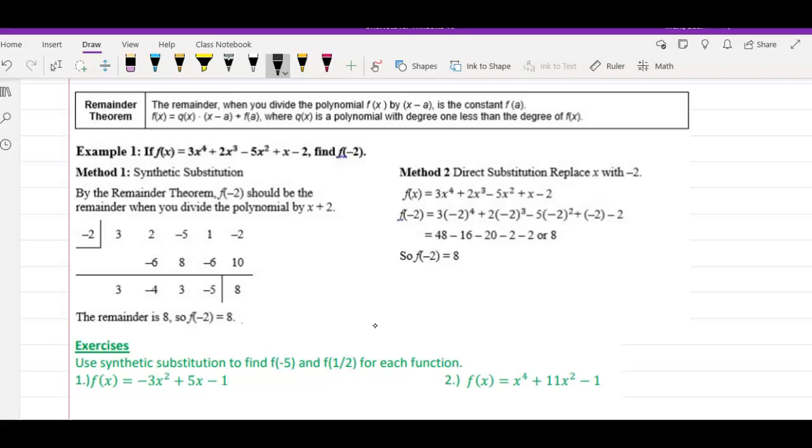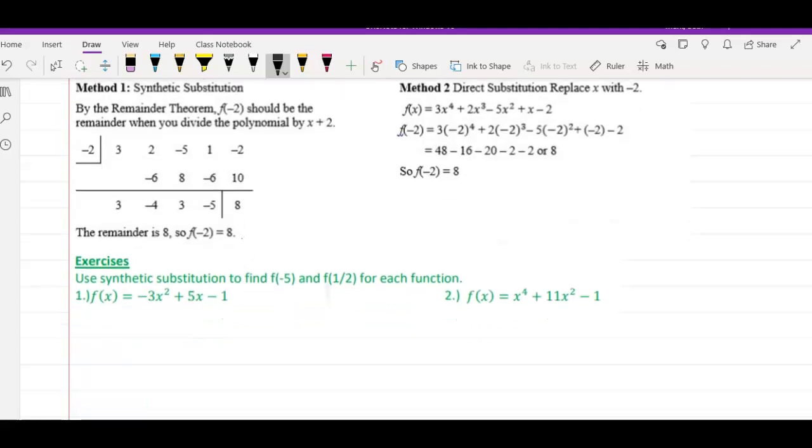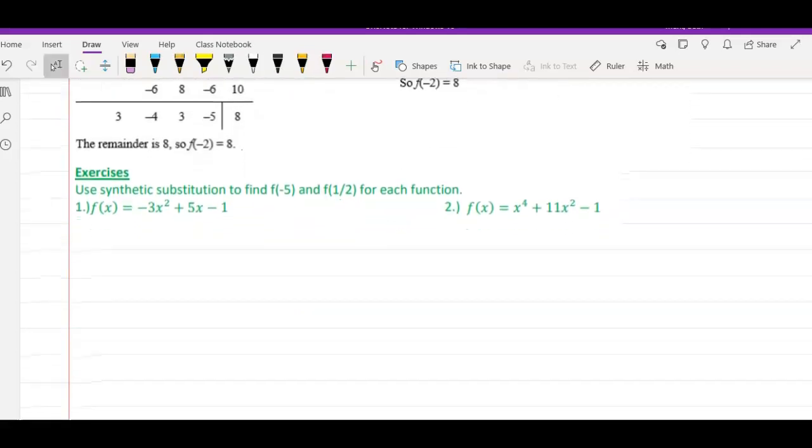We could also find f of -2 with a method called direct substitution. That's what we've done in previous steps, where we just simply take out the x and put in the -2 and compute. Either way, we get 8. So we're going to practice, instead of using direct substitution, using synthetic substitution to find these numbers.